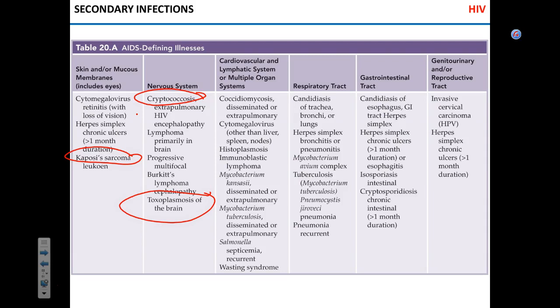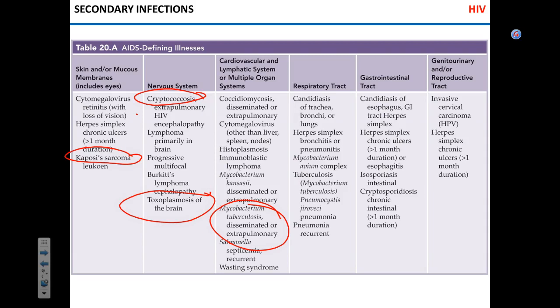So toxoplasma is pretty common in AIDS patients. Cardiovascular, lymphatic, not something very specific, basically an infection. I would highlight Mycobacterium tuberculosis, both respiratory and systemic infections characteristic.